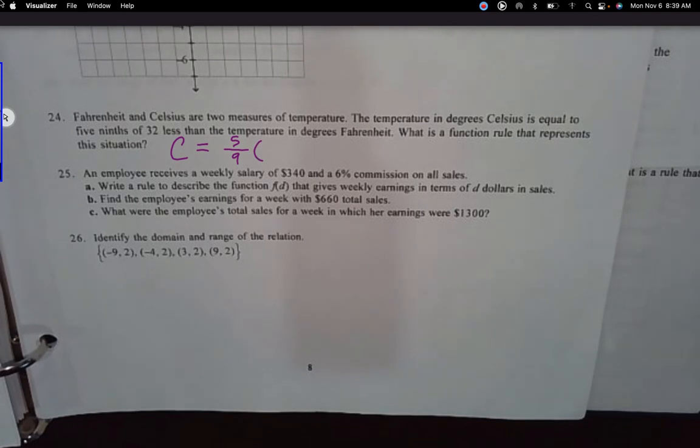And what am I multiplying by? 32 less than Fahrenheit. What does that mean? What am I doing to Fahrenheit? Well, switch that around. F minus 32. If this one's on there, it's the exact same question. And that is the actual formula for Celsius and Fahrenheit, which I'm sure you'll need also in science class. So that says 32 less than that Fahrenheit, multiply by 5 ninths.